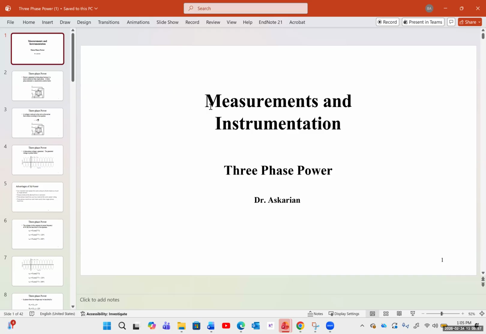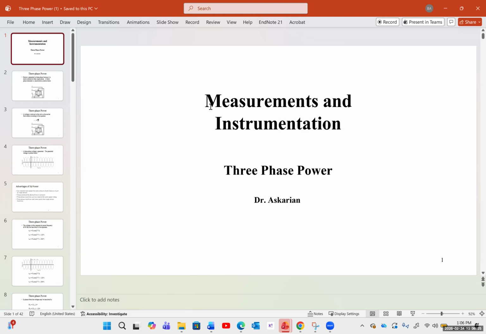Before we go to the measurements of three-phase, we will go through the concepts of three-phase power and the different ways that we connect a three-phase system. We have a Y or delta connection in a three-phase. The relation between the line and phase voltage and line and phase currents in a Y and delta connection.